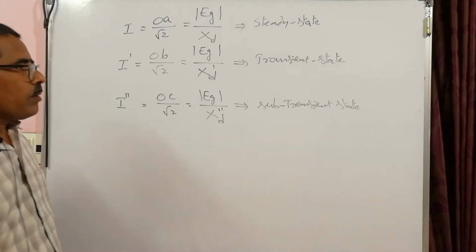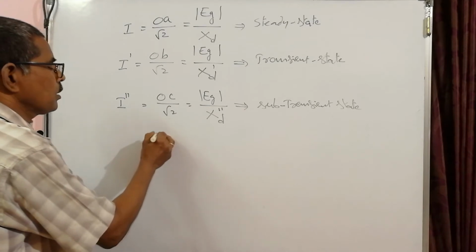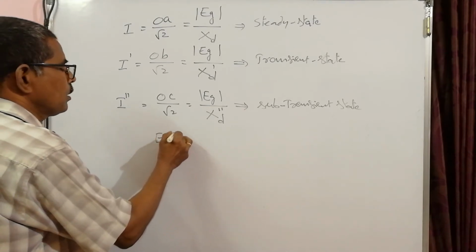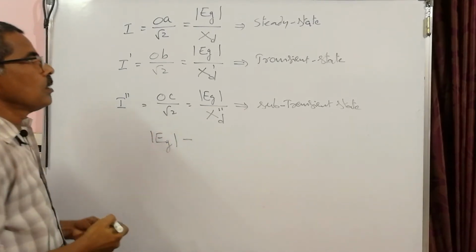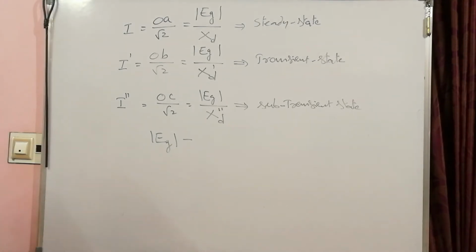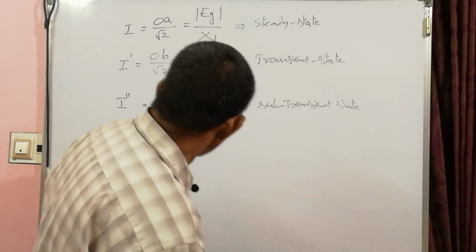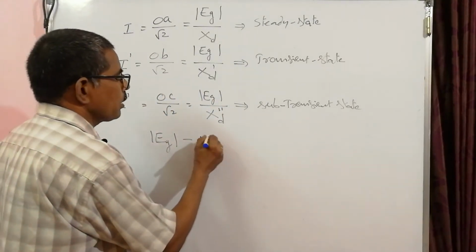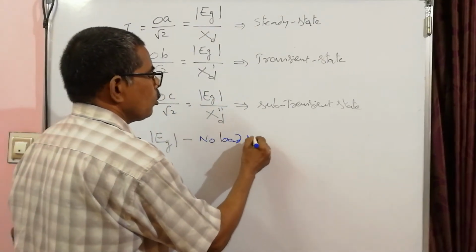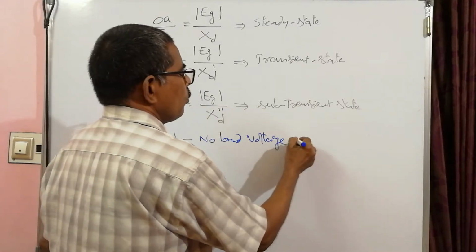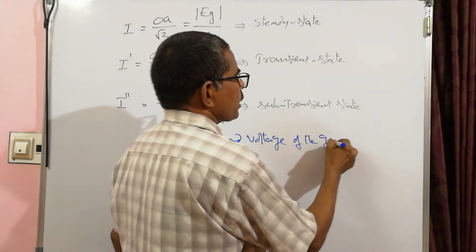So EZ is the EMF or no load voltage of the generator. EZ is the no load voltage of the alternator or generator.